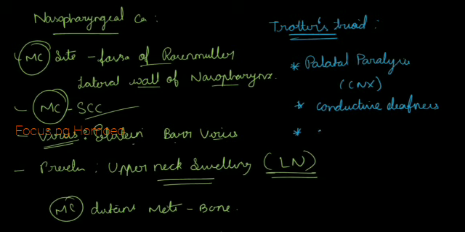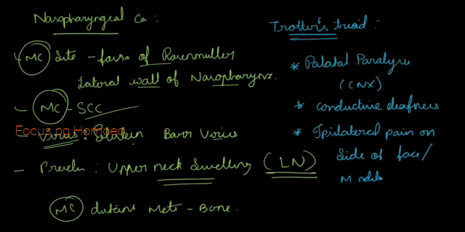And there will be ipsilateral pain on the side of the face or mandibular pain, and this is because of cranial nerve 5. So this is called Trotter's triad: palatal paralysis, cranial nerve 10 involvement, conductive deafness, and ipsilateral pain on the side of the face or mandibular pain, that is cranial nerve 5.